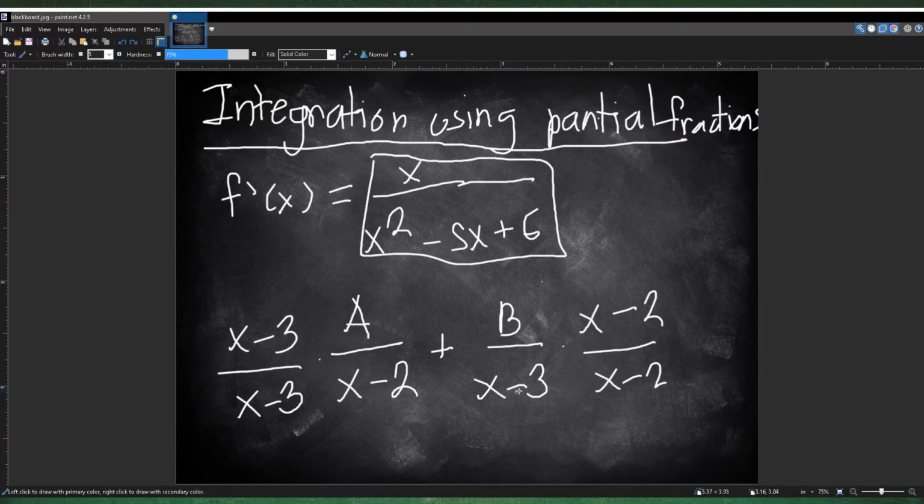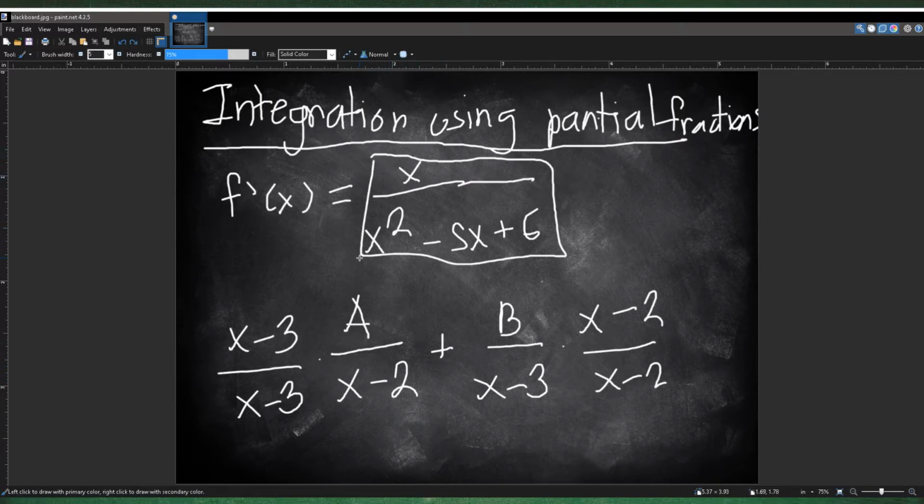Which is the same thing here, x minus 3 times x minus 2, so x squared minus 5x plus 6. So you have a times x minus 3, plus b times x minus 2. So what we need to do is make it equal to x.